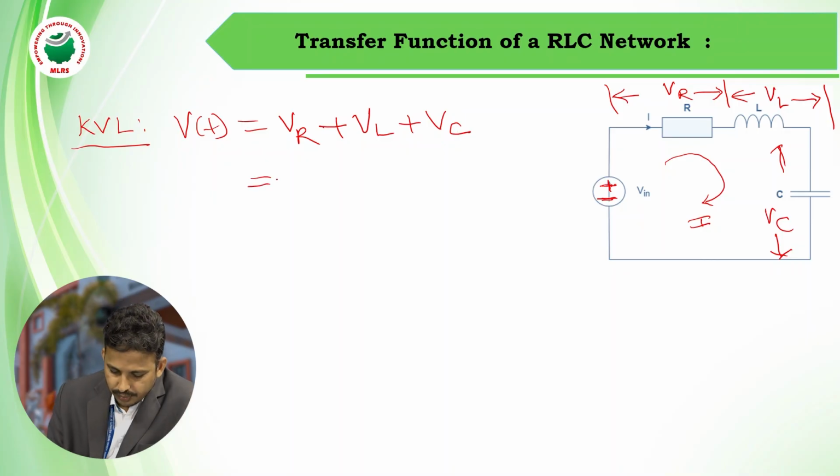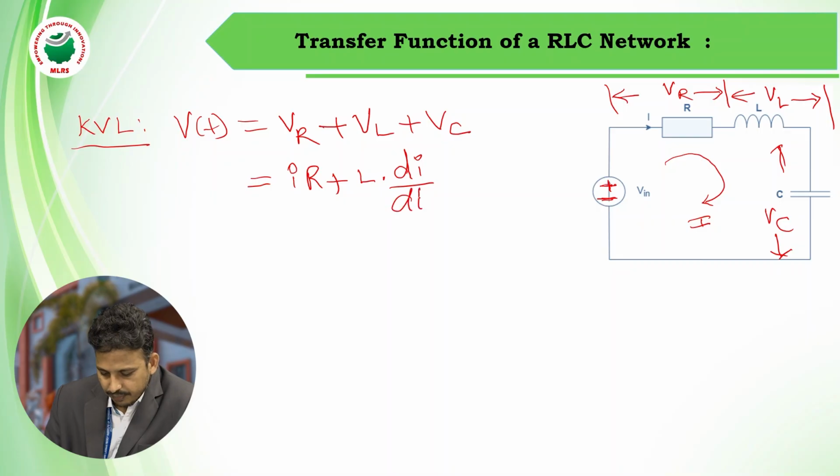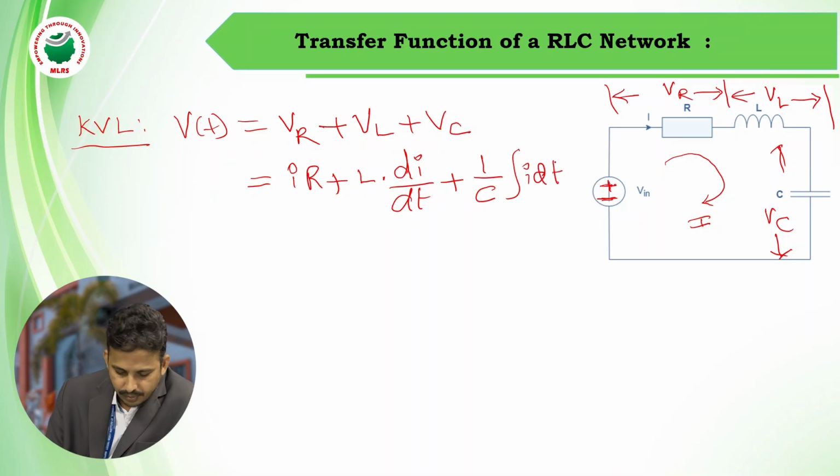By Ohm's law, VR, the voltage across the resistor, is I into R, plus the voltage across the inductor is L into di by dt, plus the voltage across the capacitor is 1 by C integral I dt, which is equal to V of t.